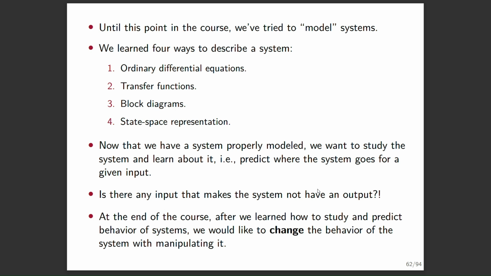If I give that input to the system, no output is going to be generated. Do we have such an input? At the end of the course, we learn how to modify the behavior of a system. So having a specific kind of behavior, what can I do to change that output or behavior of the system?